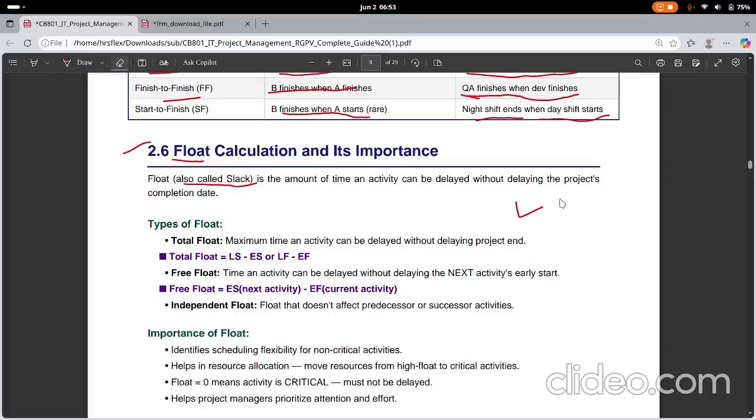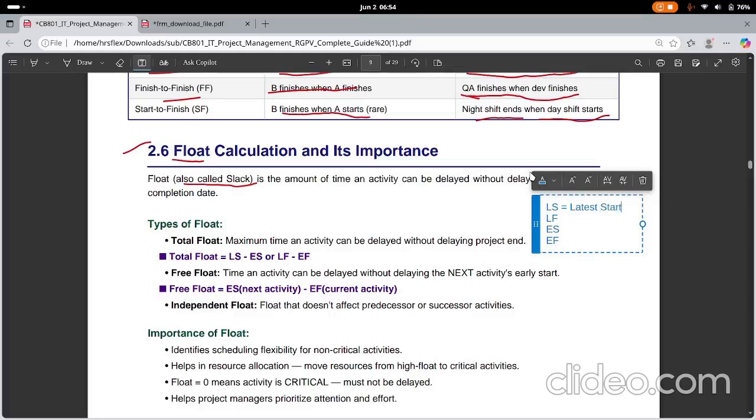Let me just write it out quickly: LS, LF, ES, EF. It's not necessary to remember this.